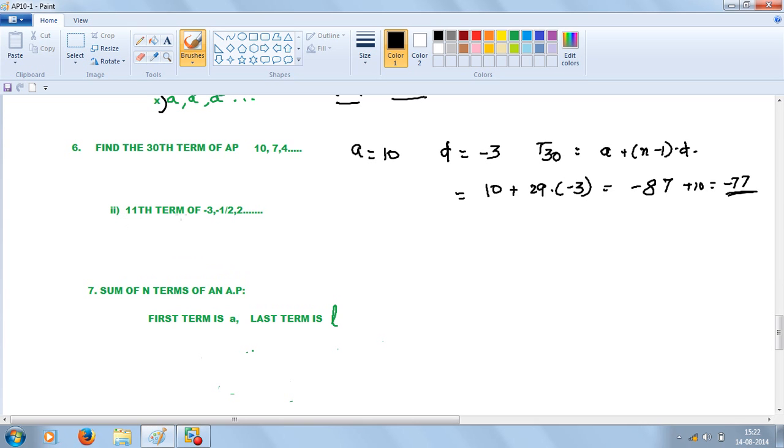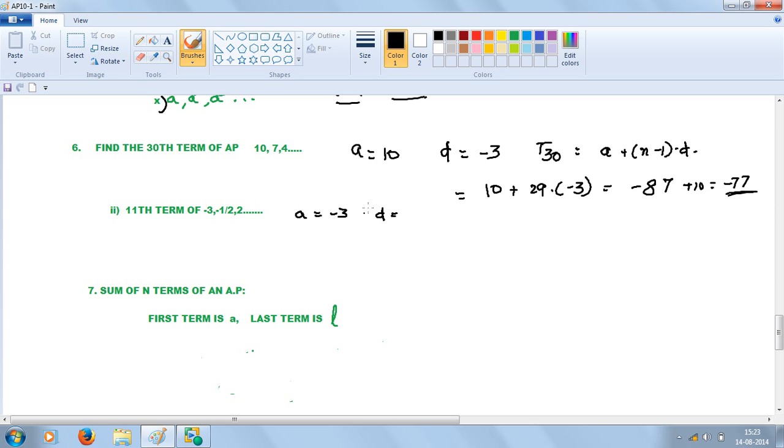So next, find the 11th term of the AP minus 3, minus half, 2. The common difference is here. First you write what is A. A is equal to minus 3. What is D?